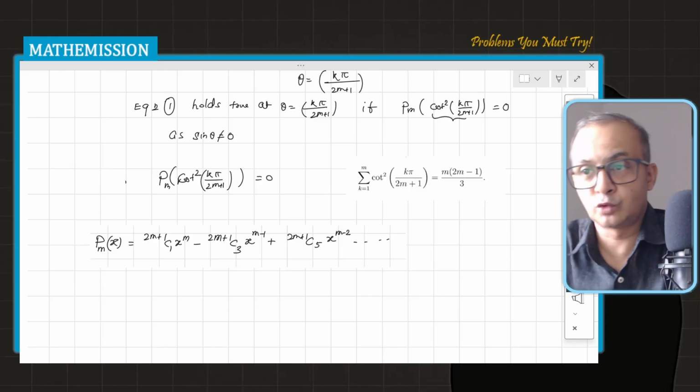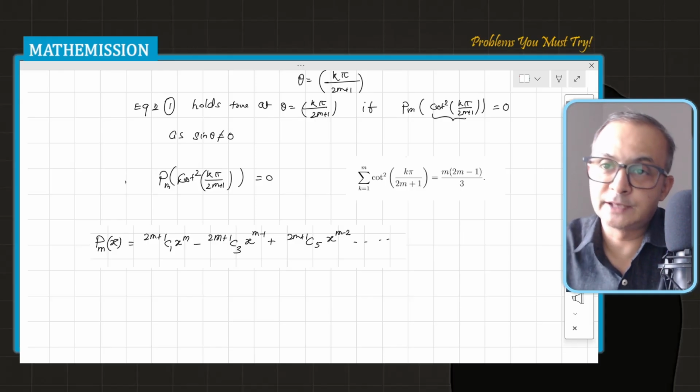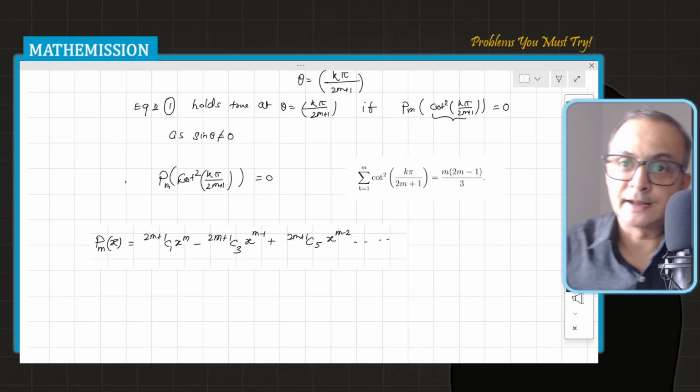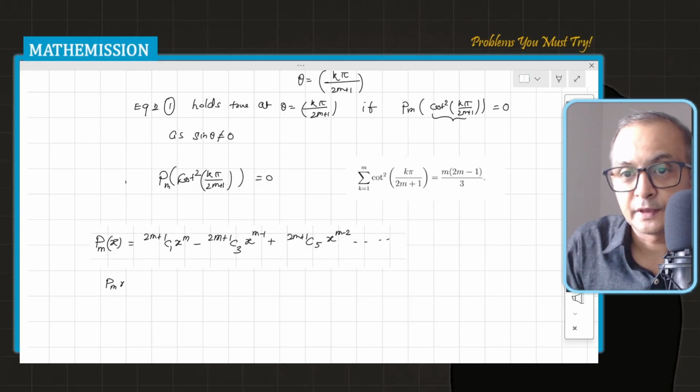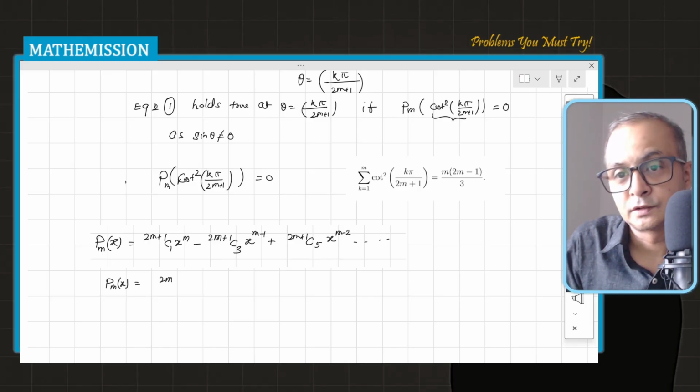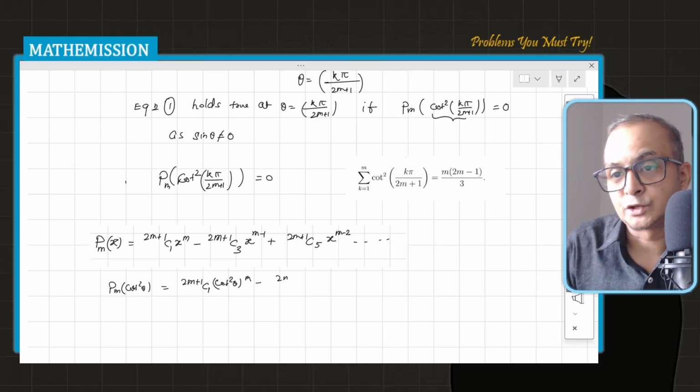So for k equal to 1 we substitute one value, for k equal to 2 we substitute another, and since this is Pm of cot square theta, we can write 2m plus 1 c1 cot square theta to the power m, minus 2m plus 1 c3 cot square theta to the power m minus 1, and so on.